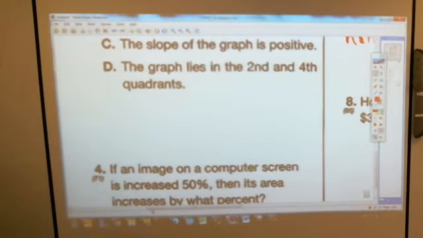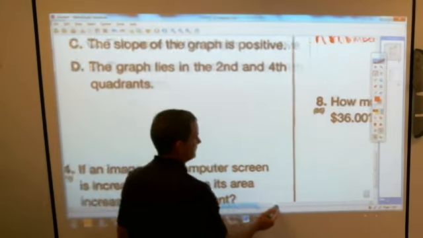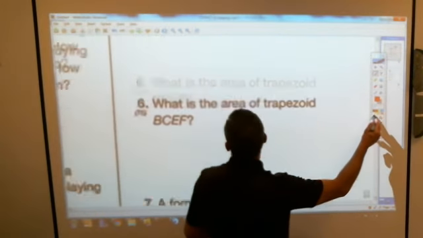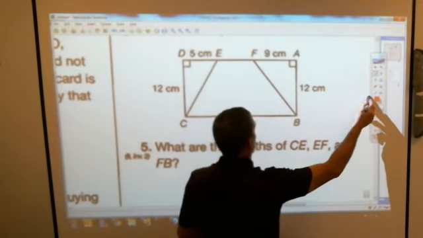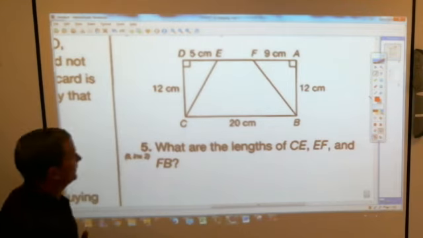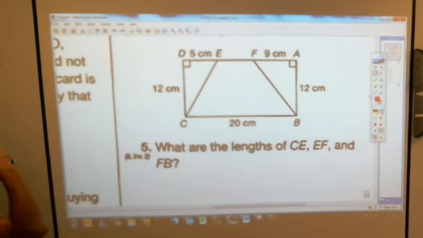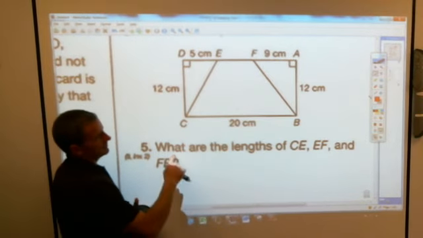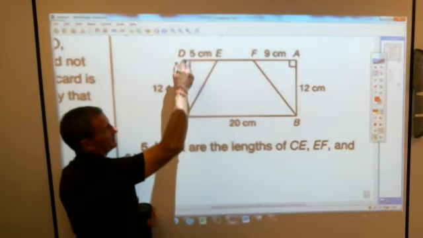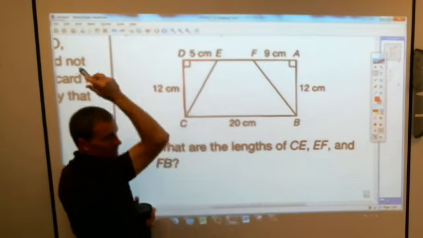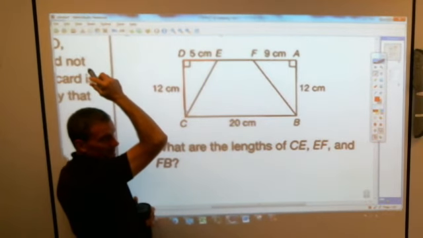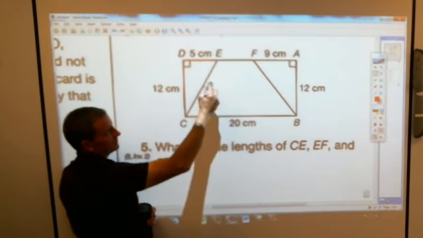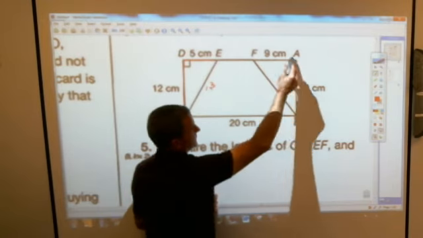Parker. 5. Oh, I'm sure we did it back in the day. What is the length of CE, EF, and FB? Well, all I'm going to tell you is look at your Pythagorean theorem. CE from here to here, this is a right triangle with 5 and 12. Is there a 5, 12 something up there? Probably 13, yeah. So this is 13. This is a 9, 12.